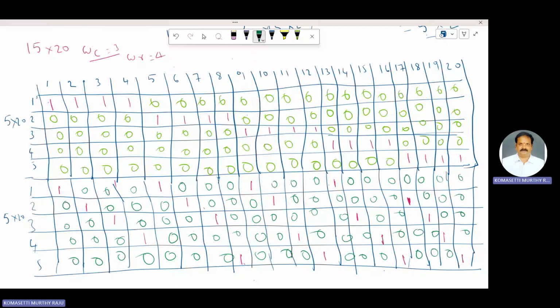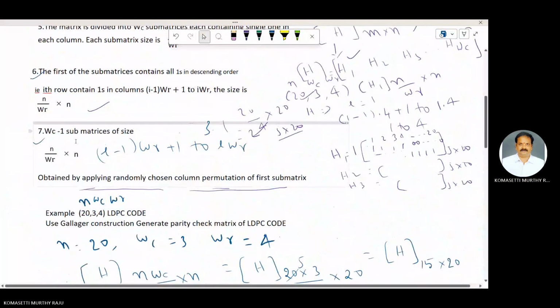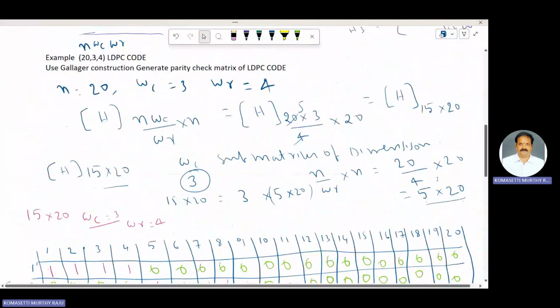One more important point here is WC minus 1 submatrices of size n by W are cross n obtained by applying randomly chosen column permutations of the first submatrix.